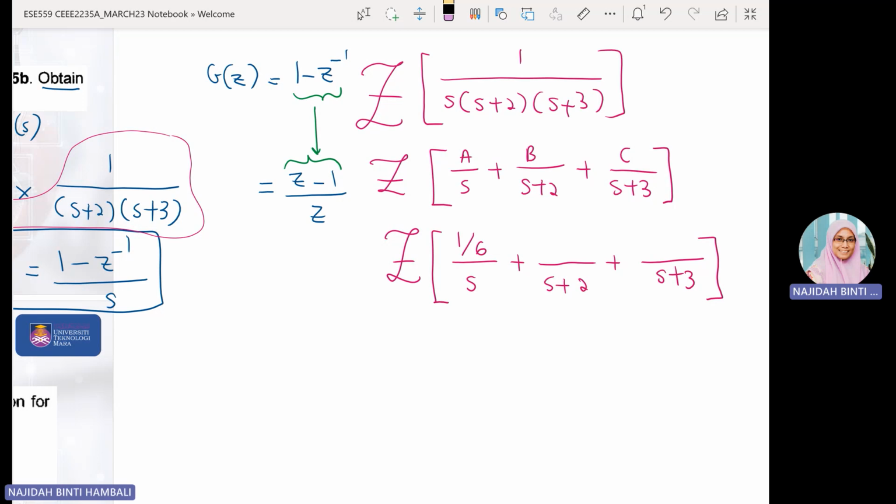You can use decimal points too, no problem. B is 1/10. Positive or negative? Negative 1/2. C is 1/3.